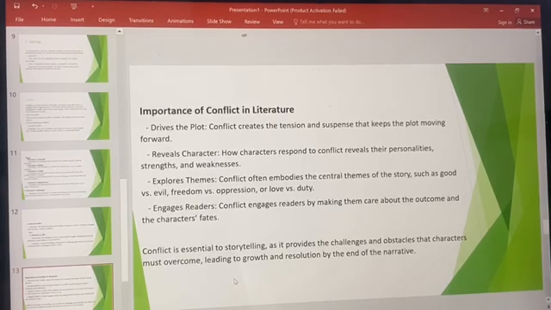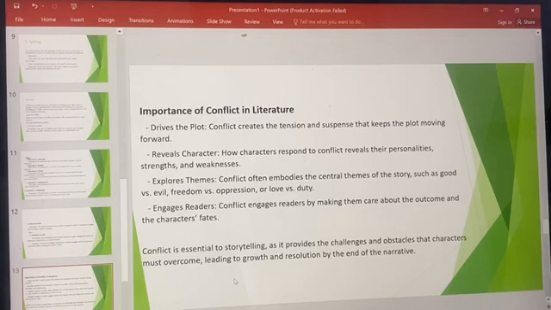We have the importance of conflict in literature. It drives the plot. Conflict raises the tension and suspense that keeps the plot moving forward. It reveals character.